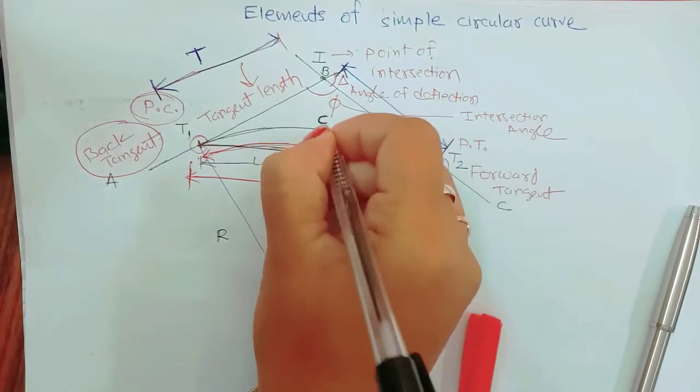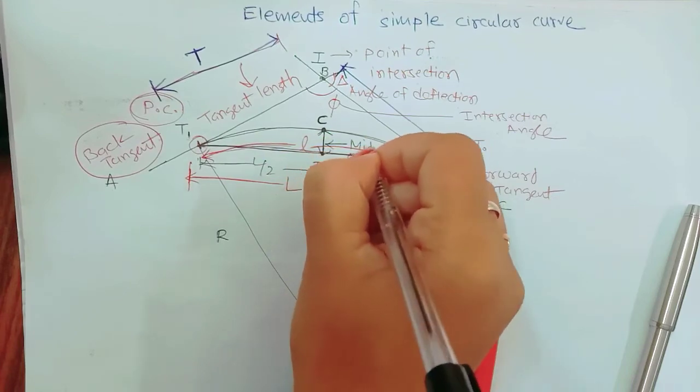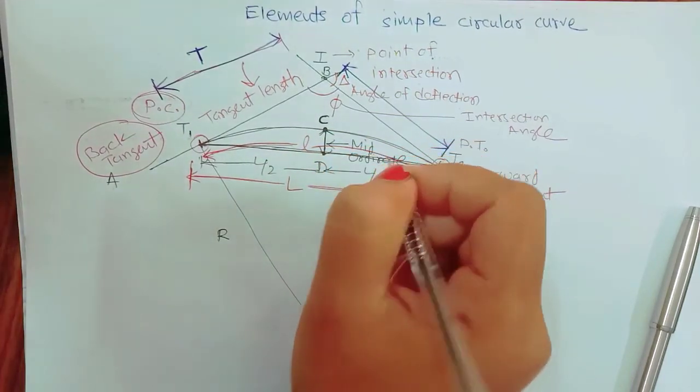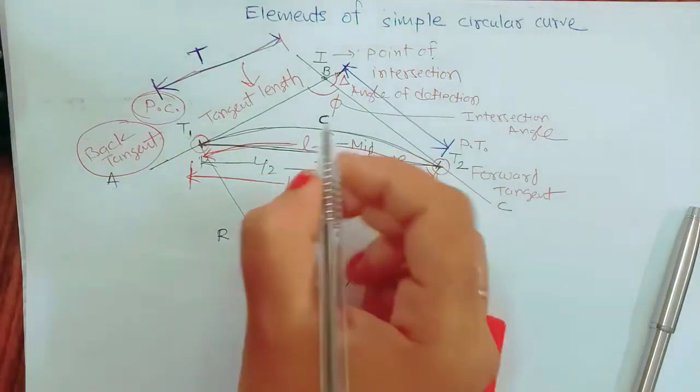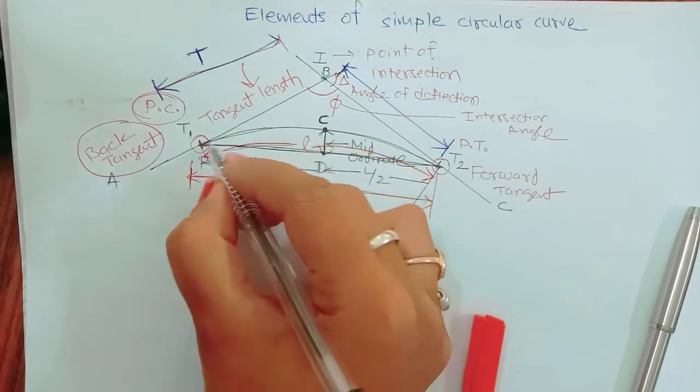So this distance is known as a mid-ordinate. So it is the distance between the middle point of the curve and the middle point of the long chord.